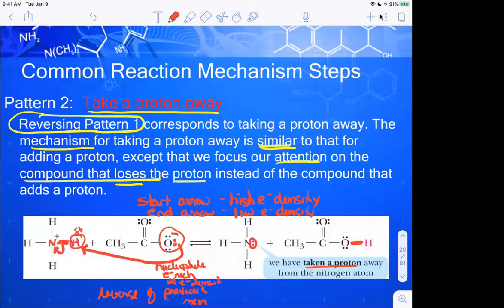So remember, I go high to low. If you reverse those arrows, you are very wrong. And you will not get any credit. You have to pay attention to what's happening and how I use these arrows to effectively indicate what this reaction mechanism is.